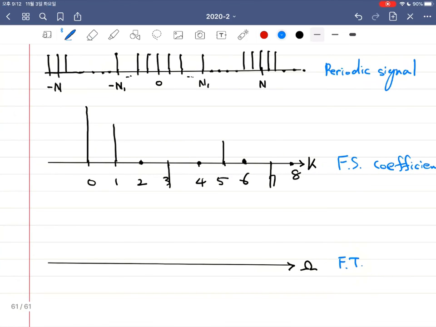And those would be like zero, omega 0, so the pattern looks exactly the same.